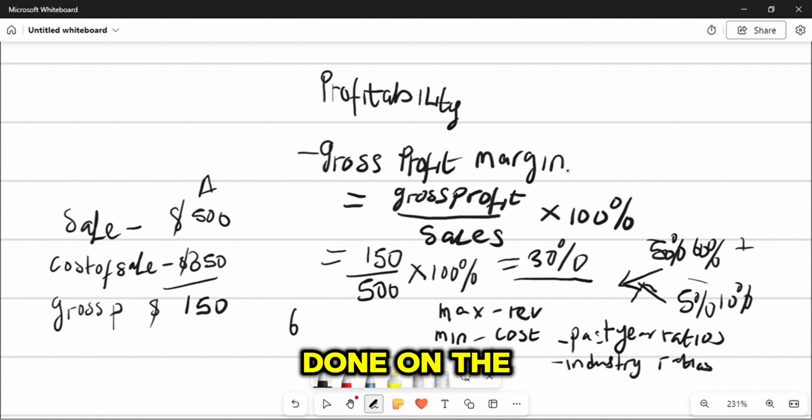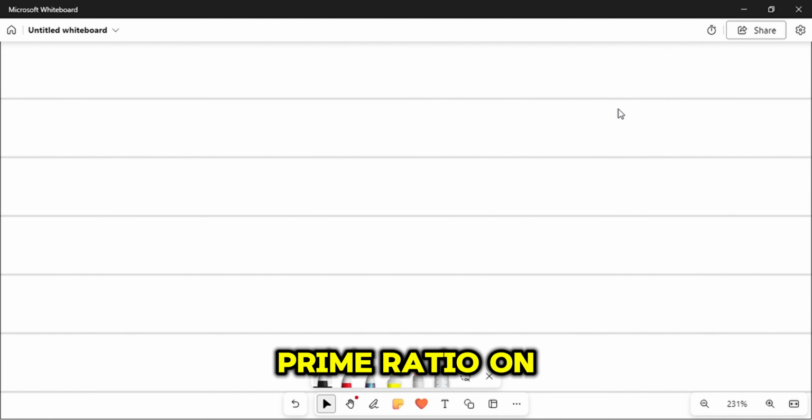It is done on comparison. They relate the value to another value and know, okay, is this actually better or worse? Either relate it to the past year value or you relate it to the industry ratio, depending on the question you are given.